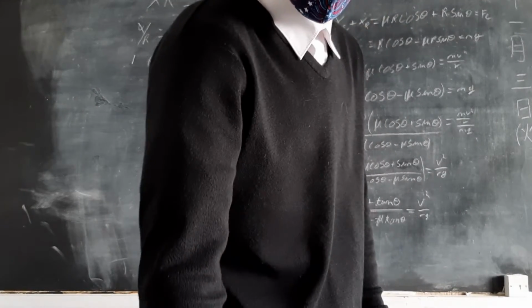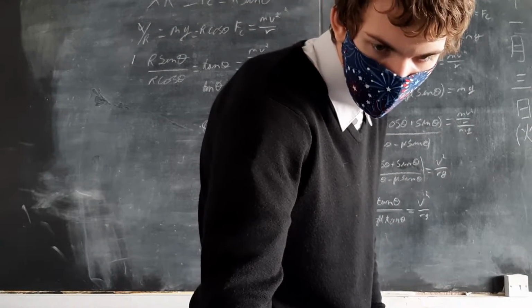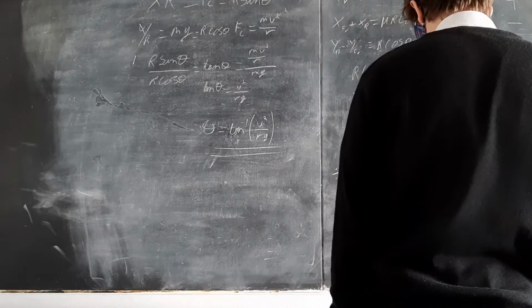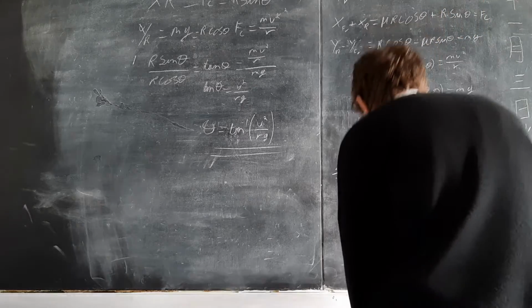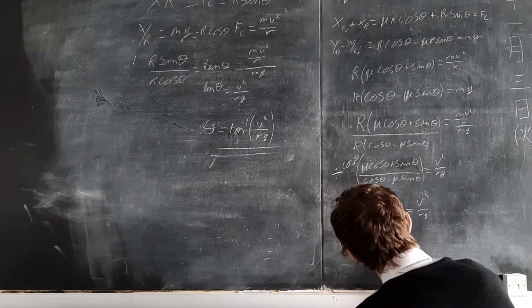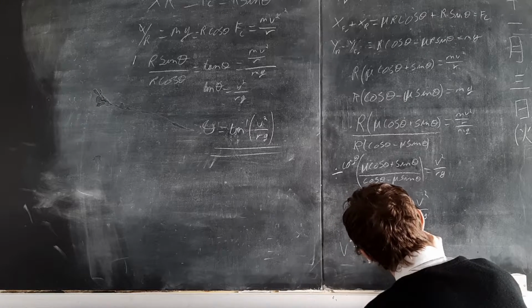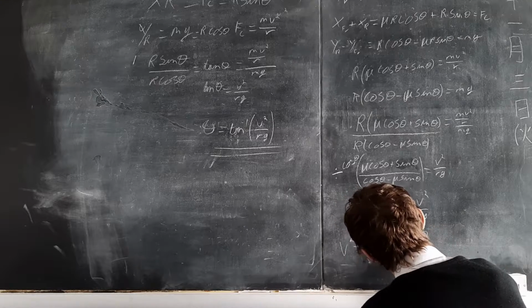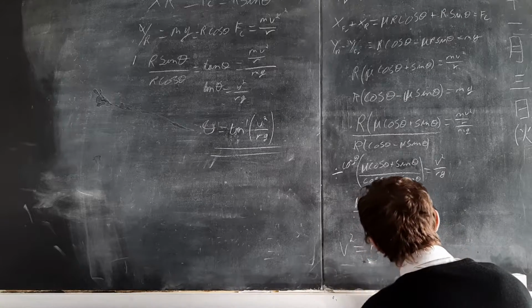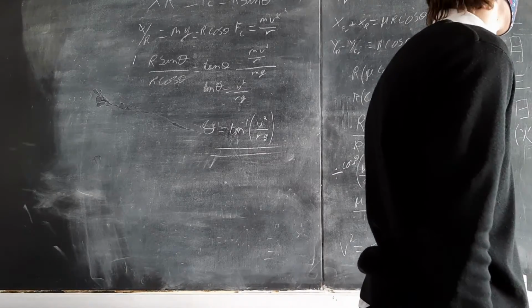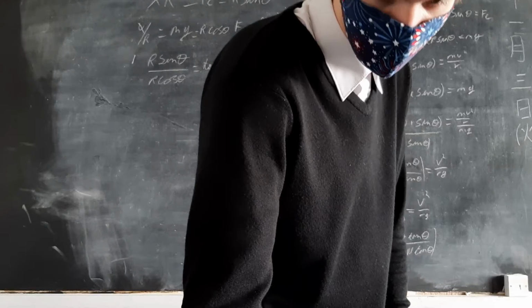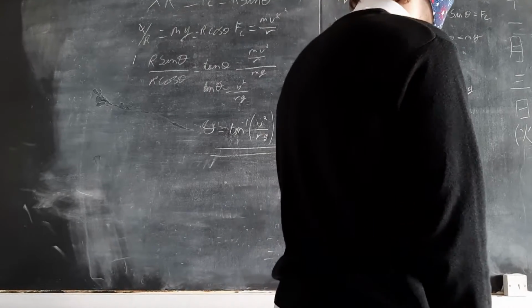And then we can equate that to the earlier one. And then we get v squared equaling a lot of brackets, r, g, mu. Right, we have figured out that it can move faster. Oh, I'm going to square root it.